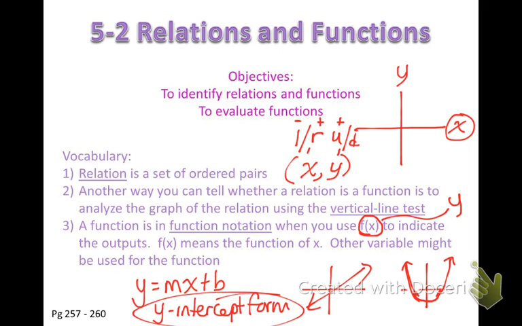The f of x means the function of x. And other variables might be used for the function, like I used y here. They might use a or b on your homework assignment or even in our examples today. But y is mostly what you'll see from these chapters on.